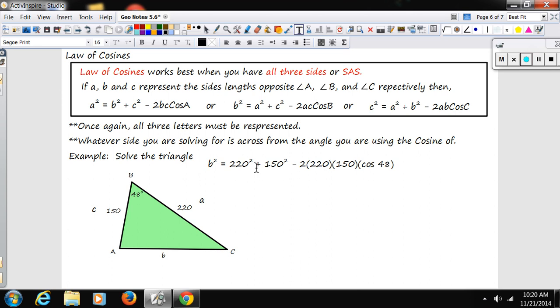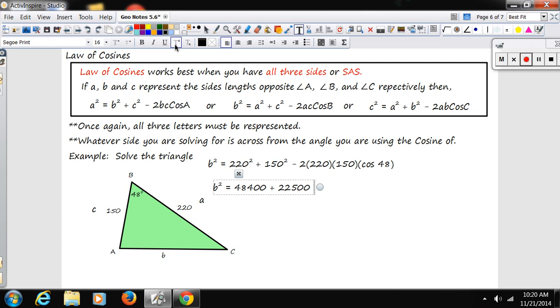Okay, so let's go ahead and multiply these out. So I'm going to use my calculator here, and you don't have to. I'll just get them for you. 220 squared is 48,400. So I'm going to put b squared equals, and I got 48,400 plus 22,500, which is 150 squared. Now, a little tricky here. Be careful. You've got a minus 2, which really means a negative 2 times 220 times 150.